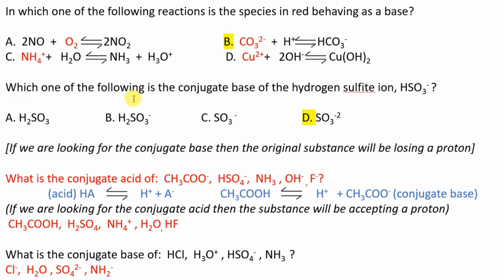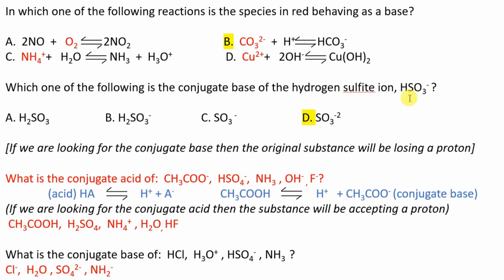Next, which one of the following is the conjugate base of the hydrogen sulfite ion? It's going to be differing by one hydrogen only. If I'm looking for a conjugate base, HSO3- must be acting as an acid, must have lost its H+.